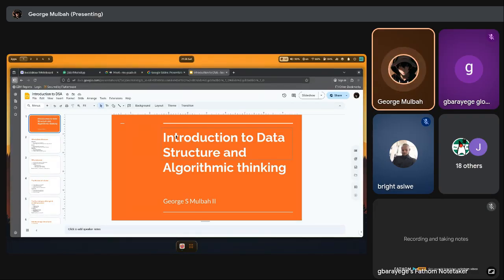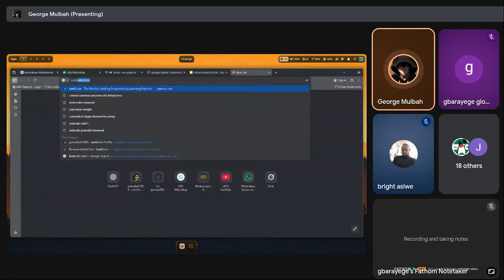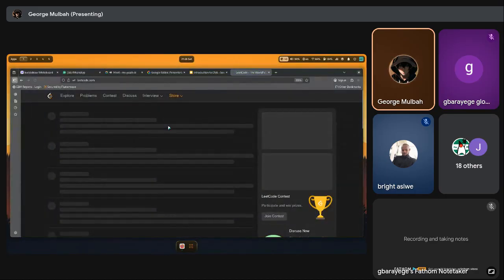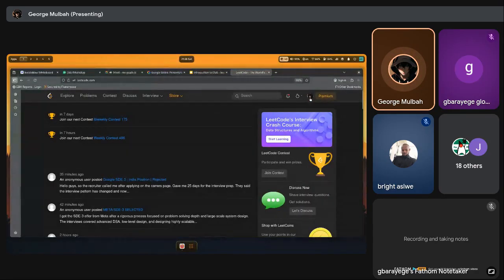So as you all know, if you are going to an interview, they are expecting you to have the basics of problem solving. They are expecting you to be able to solve problems using the fundamental understanding of computer science, that is data structures and algorithms. But when you go on LeetCode and try to solve some of these problems, what you will experience is that they feel random.